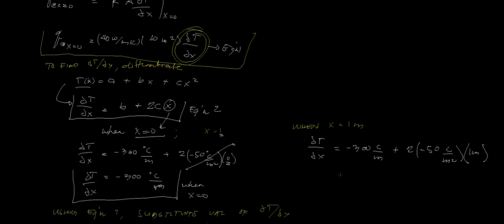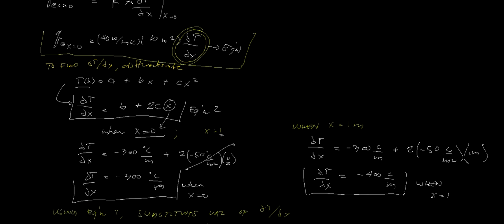Therefore, dT/dx when x is equal to 1 is now equal to negative 400 C per meter. Okay. So this is dT over dx when x is equal to 1.